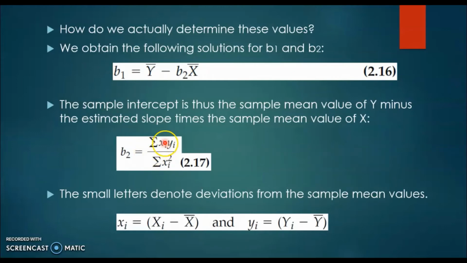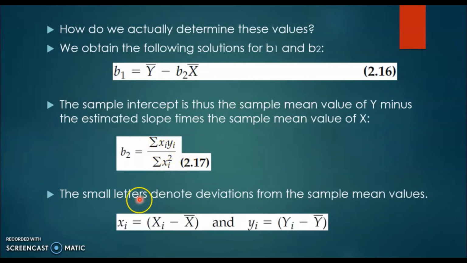xi yi over the sum of xi squared. So what do these small letters refer to?